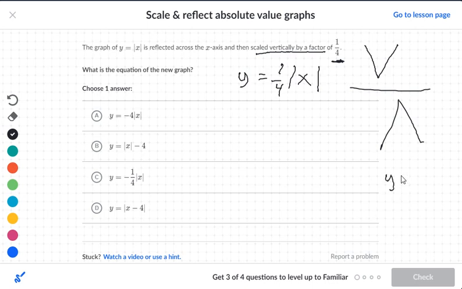So we're going to say y equals negative 1/4, and then the absolute value of x. The reason it's a reflection across the x-axis is that we want to go in the opposite direction, because the x-axis itself would sit right here. So this would be our first one, this would be our second one, so they would be reflected across.